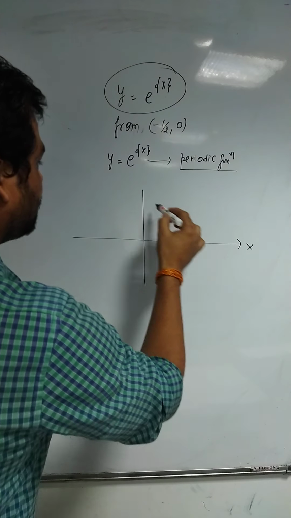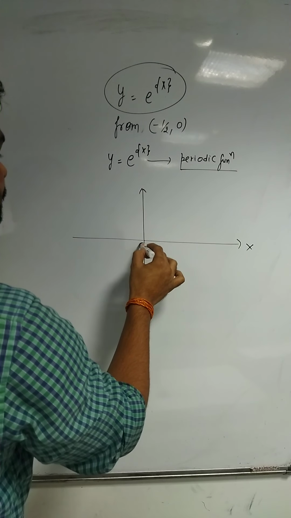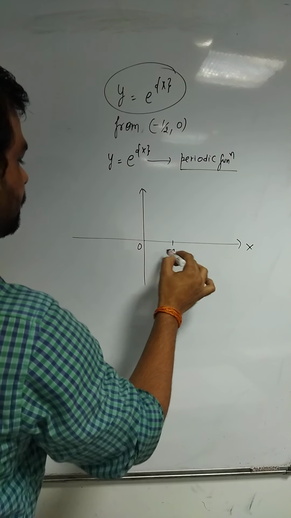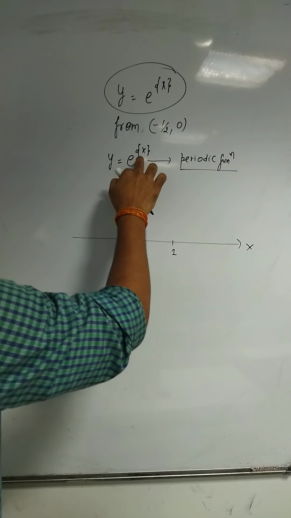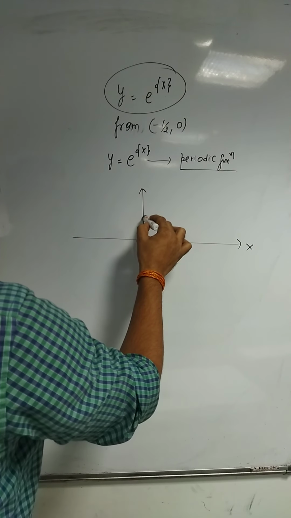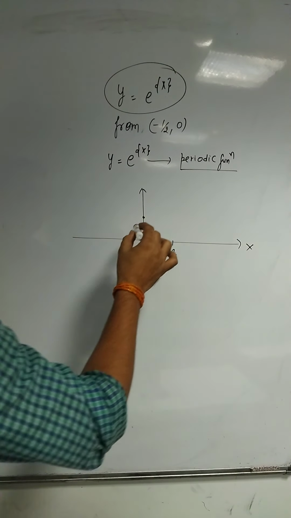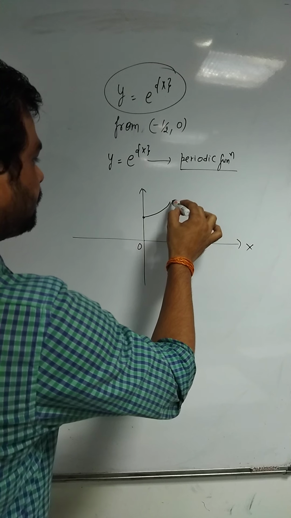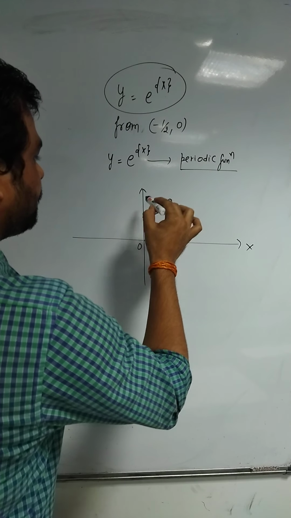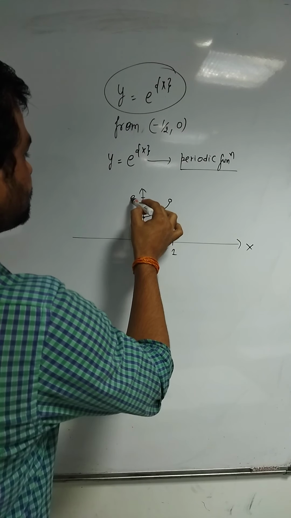So if we draw the graph within 0 to 1, at x is equal to 0, e to the power 0 will be 1. And for x from 0 to 1, the fractional part of x is x, which means this graph will act as y is equal to e to the power x. So e to the power x will be like this: this is e, this is 1.